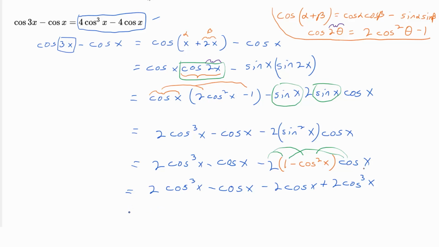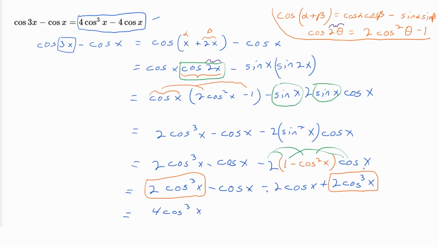And then I see like terms. So look, this guy and this guy, they are like terms. So you have 2 cosine cubed x plus 2 cosine cubed x. That's going to be equal to 4 cosine cubed x.